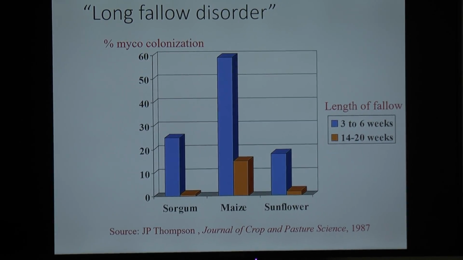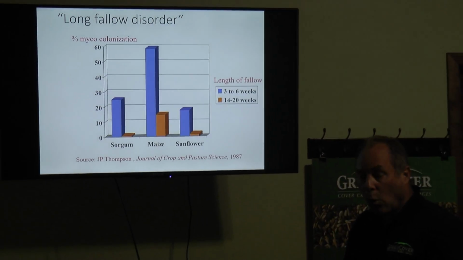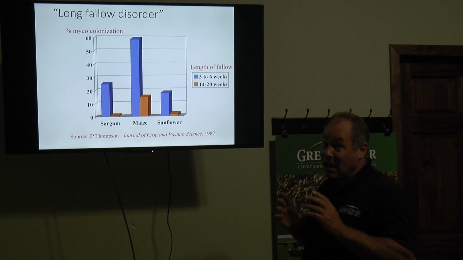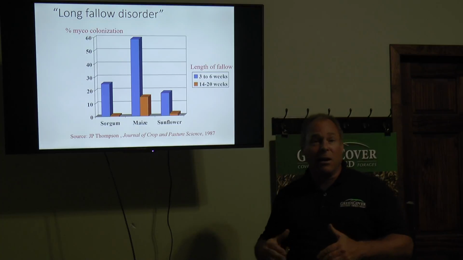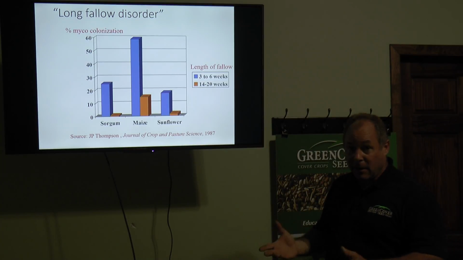Well, the problem is we do have this in natural ecosystems: forests, prairies, places that have never been plowed and never been fallowed. Because these organisms have to have a living root system in order to survive. In the absence of a living root, the stuff dies.